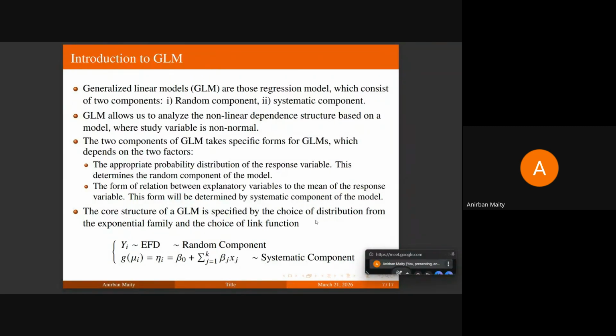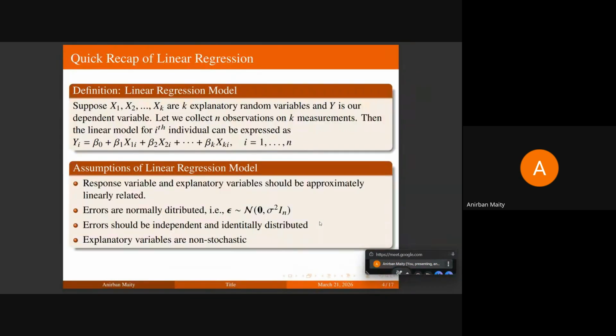Regression model is nothing but the conditional expectation: expectation of y given x equals x, which is beta naught plus beta 1 x. So in linear regression, yi equals beta naught plus beta 1 x1i and so on, and the mean is the conditional expectation of yi given x1 and so on. That means in linear regression, we are trying to model the conditional average.